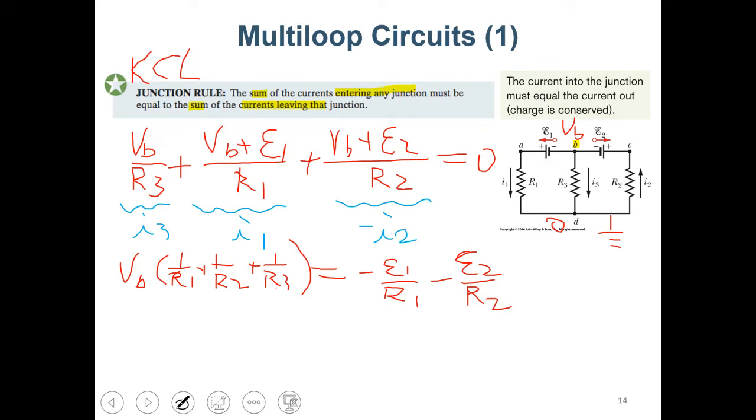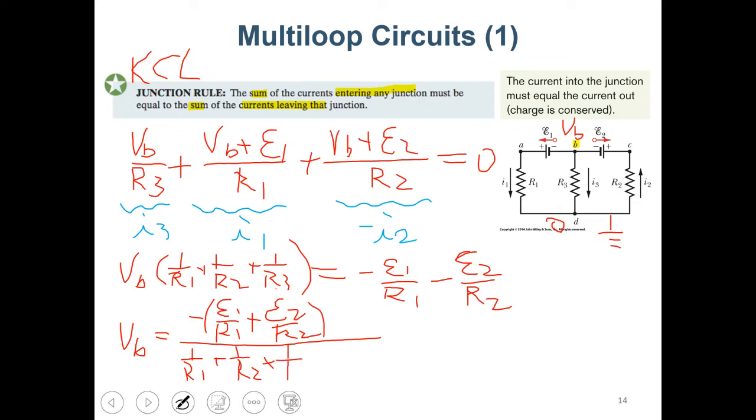So finally, we can get that VB is minus E1 over R1 plus E2 over R2, in parentheses, and then 1 over R1, 1 over R2, 1 over R3. If you like, you can simplify this fractional expression, but this is not the point in this course.